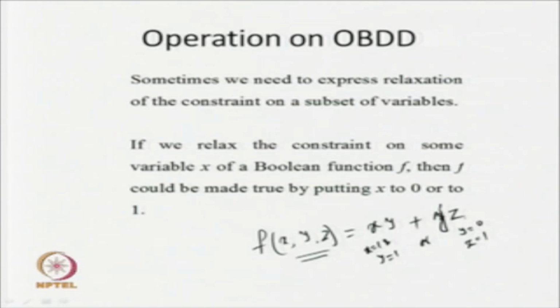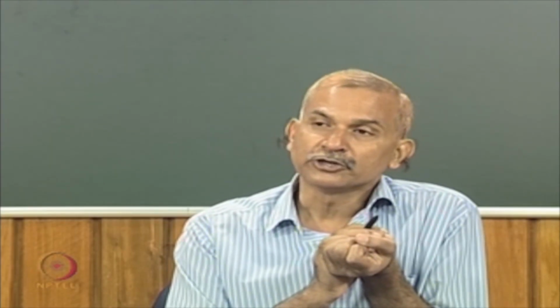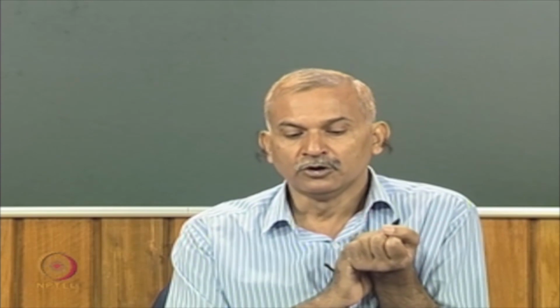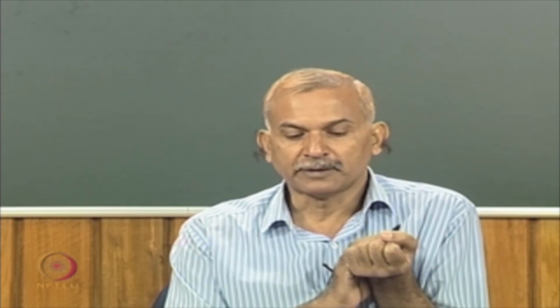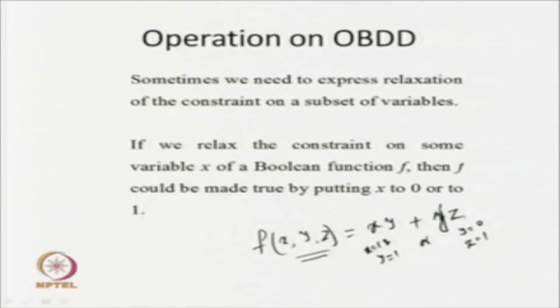Sometimes we want to relax the constraint on some variables. So, you look into a function derived from this given function where it is independent of one particular variable. That means we are going to relax the constraint of this function on a particular variable, say x for this Boolean function.